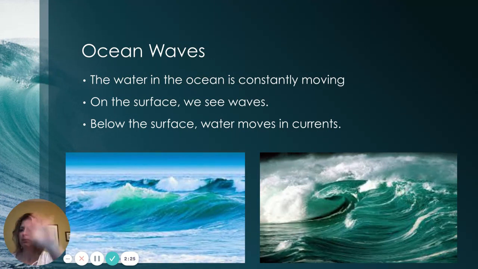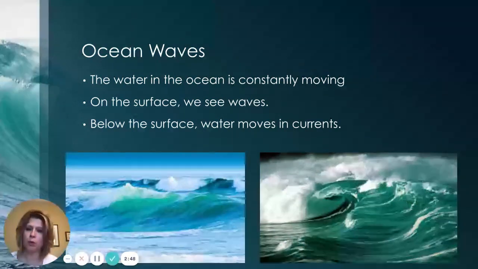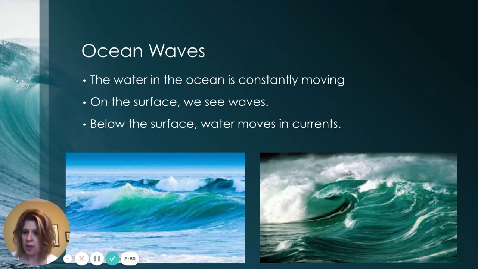Waves are on top, ocean currents are on the bottom. So we have ocean waves and ocean currents. They keep our water moving and clean, moving trash and keeping the oxygen level moving in the water.